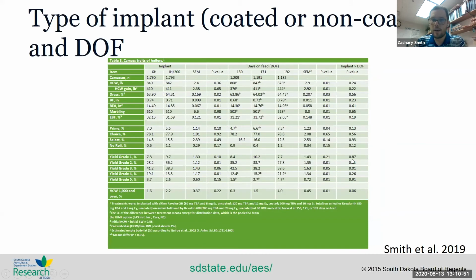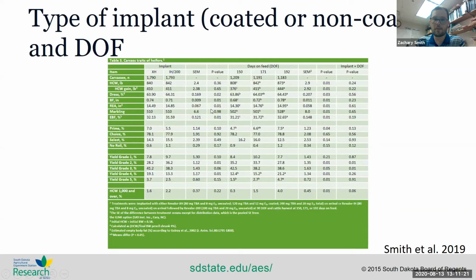Once again, no implant by day interaction except for yield grades here, and I'm not going to present that simple mean data. It was for yield grade 2s and 3s, but for all these traits here: carcass weight, carcass gain, dress, back, rib fat, ribeye area, marbling, and empty body fatness. There was a difference here for dressing percent favoring the reimplanted heifers. Reimplanted heifers were leaner.